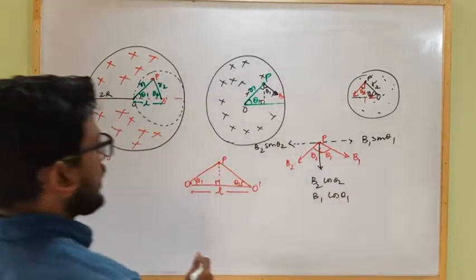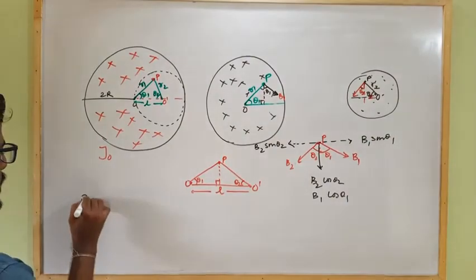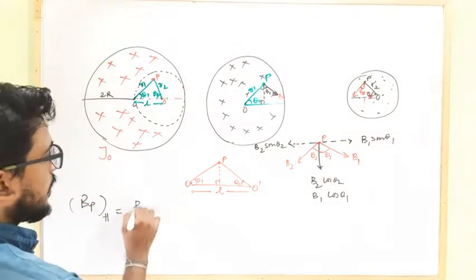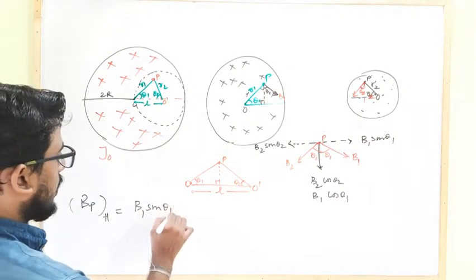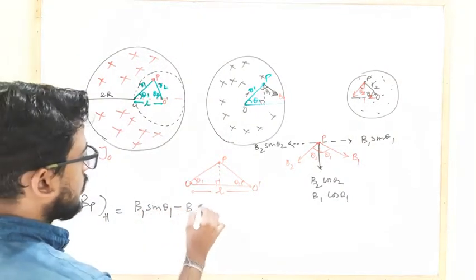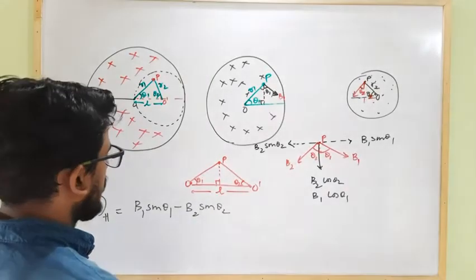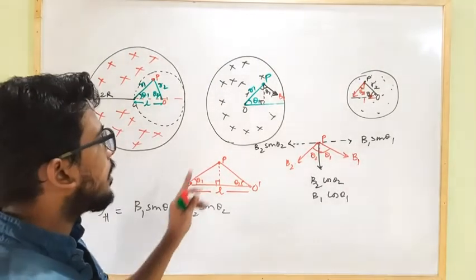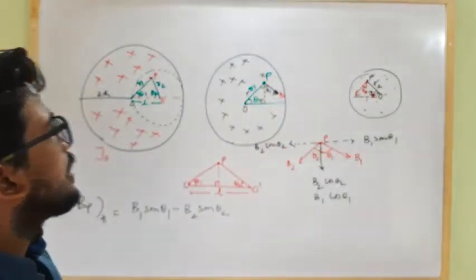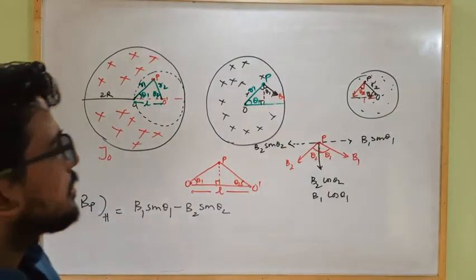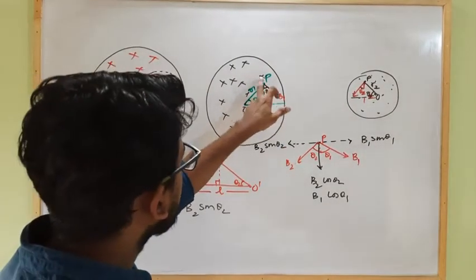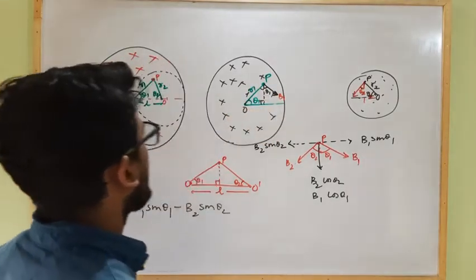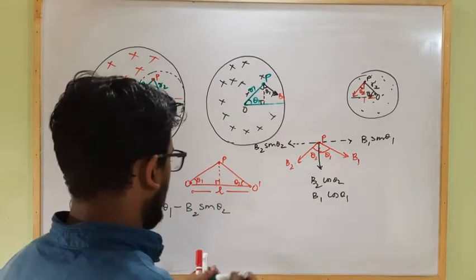So the net magnetic field strength at P in the horizontal direction will be how much? B1 sin theta 1 minus B2 sin theta 2. Okay, so what is the value of B1 at point P? As point P is an inner point within the current carrying conductor, the value of B1 will be how much?